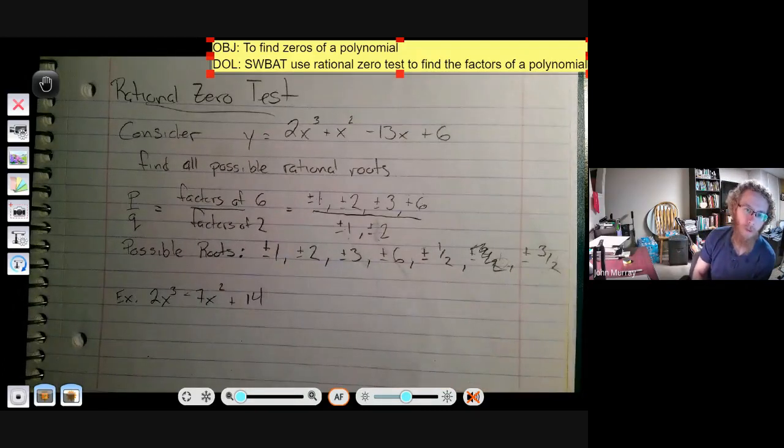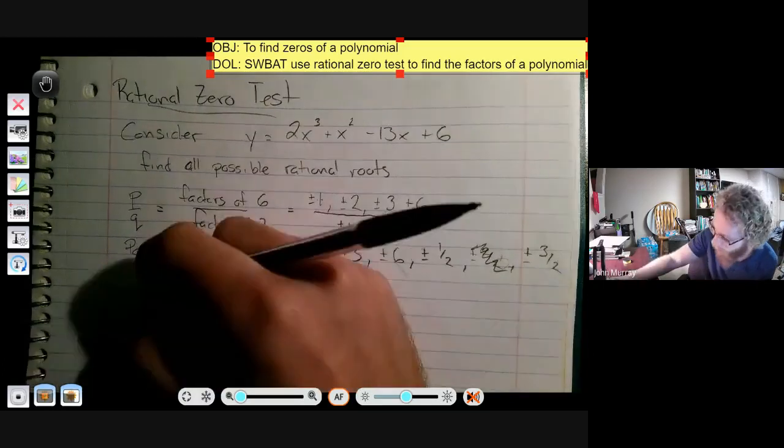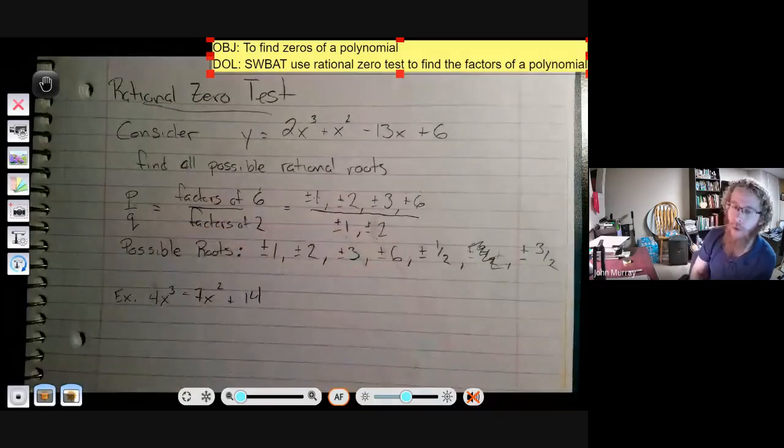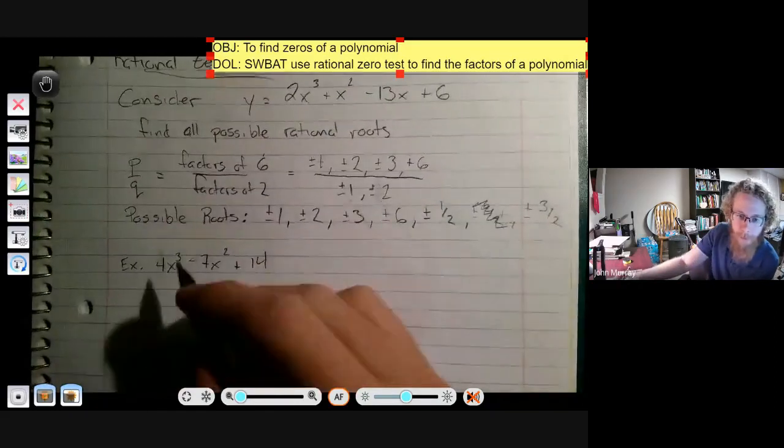All right, so now we have 2x to the third. Actually, I'm going to change that. 4x to the third minus 7x squared plus 14.